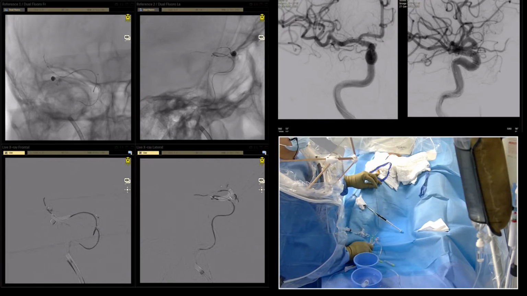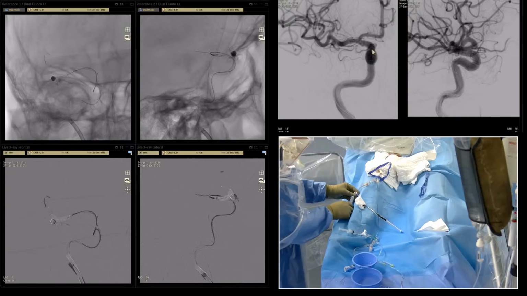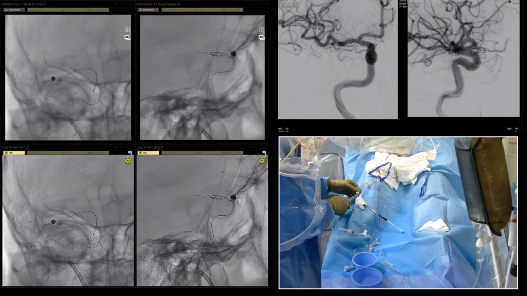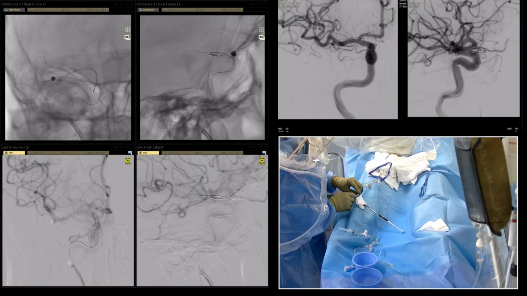Yes, it looks like it went to the upper branch a little bit. No, it went, okay. Then it's not a problem. Okay. I hope the squid blocked the bleeding point.